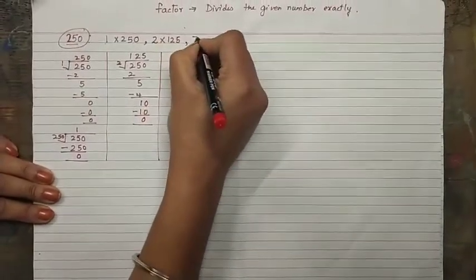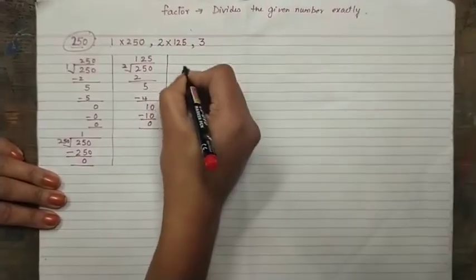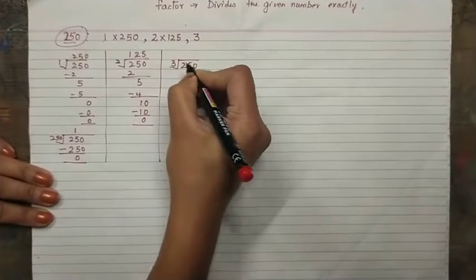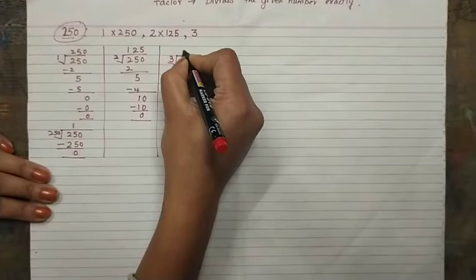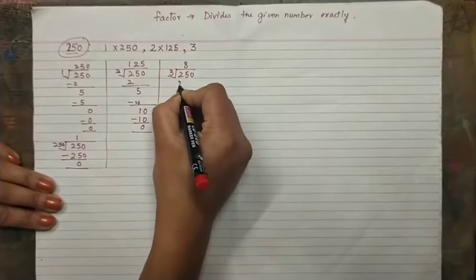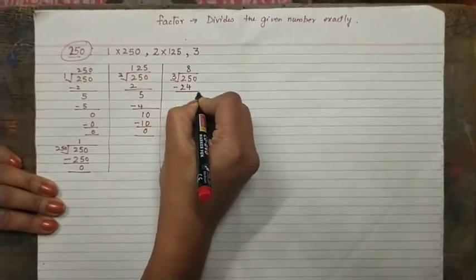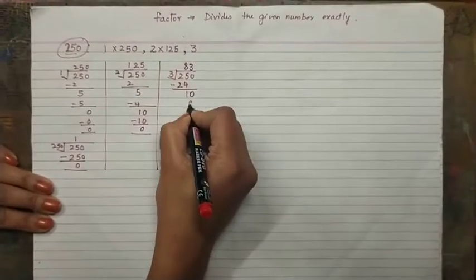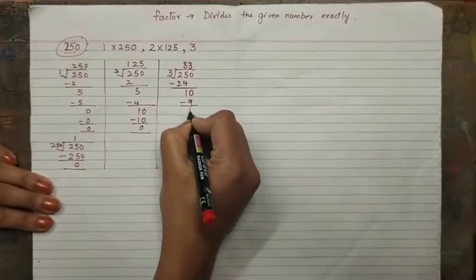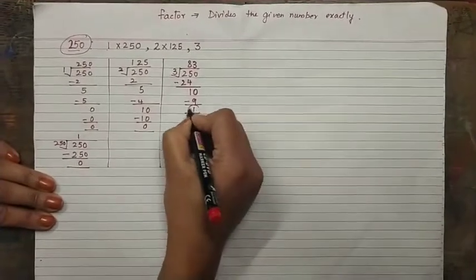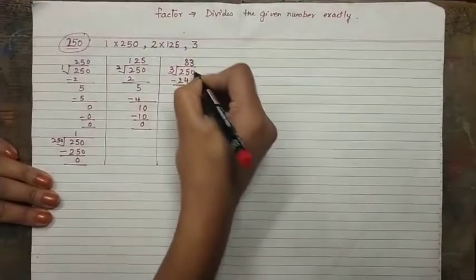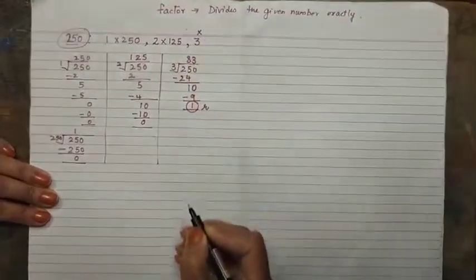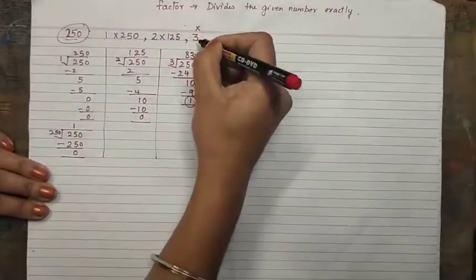We don't have to stop here. Let us check with number 3. So 250 को we'll divide with number 3. 8 3s are 24, 10. Now 3 3s are 9, as 10 doesn't come in 3's table. So we are left with remainder. That means 3 is not a factor of 250.